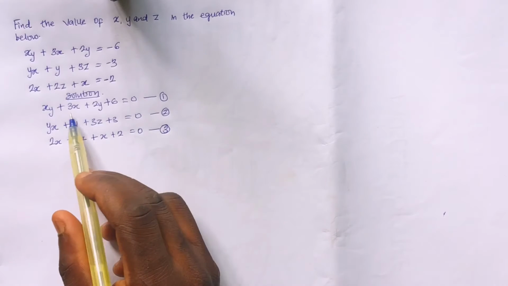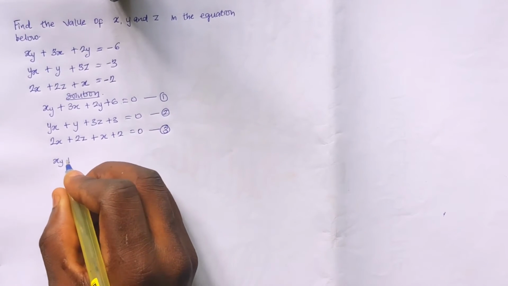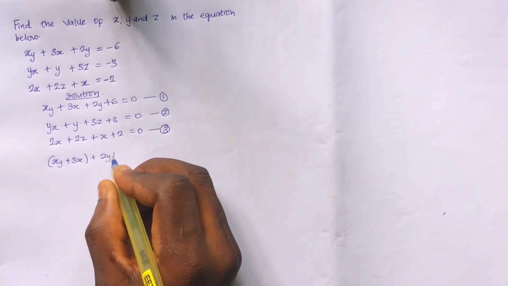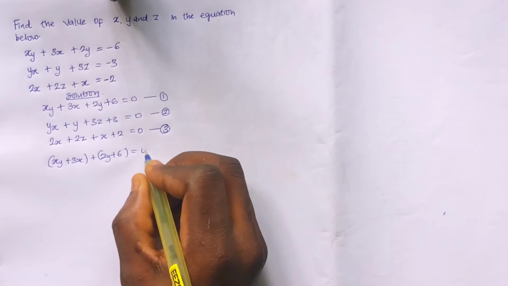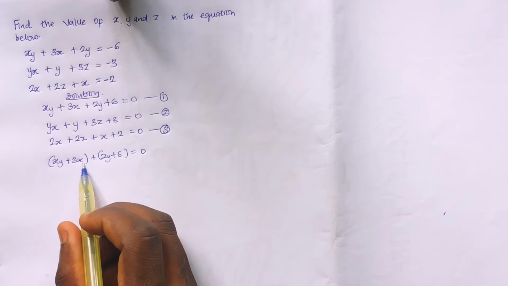I'm calling these equation 1, equation 2 and equation 3. Now from equation 1, we can actually factorize this. We have xy plus 3x plus 2y plus 6 equals 0. I can bring out the common factor.